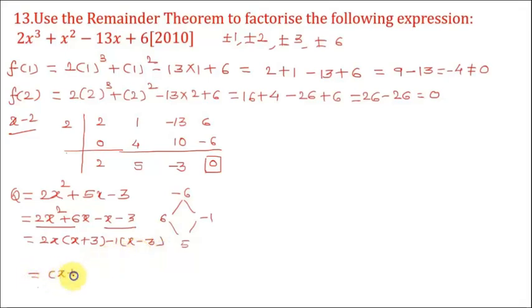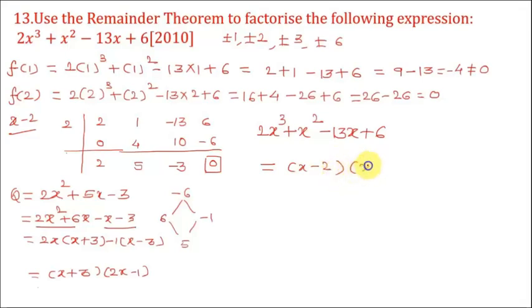Therefore x plus 3 in the first bracket and 2x minus 1 in the second bracket, and hence the factors of this polynomial 2x cube plus x square minus 13x plus 6 are: first factor x minus 2, second x plus 3, and third 2x minus 1, in this way.